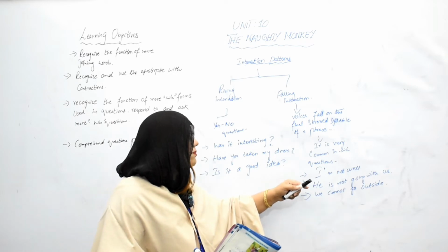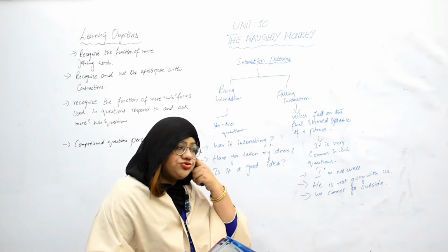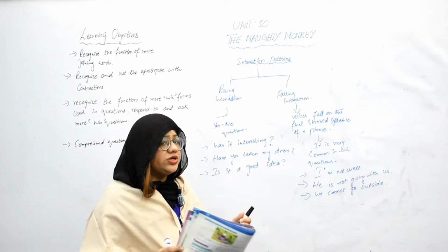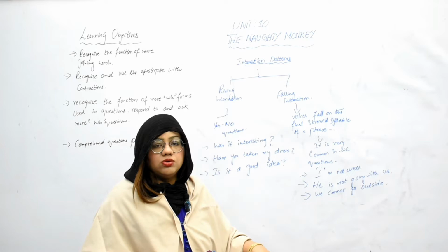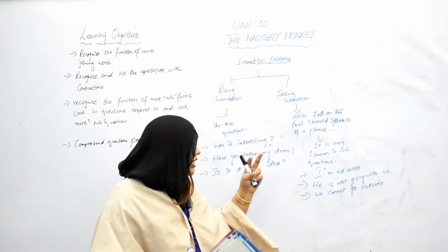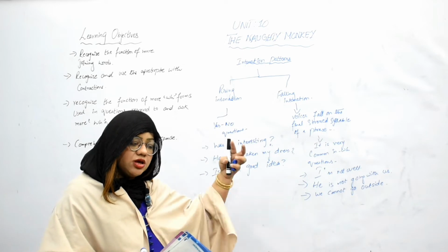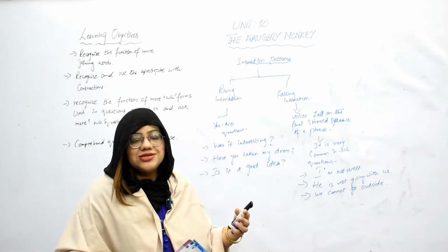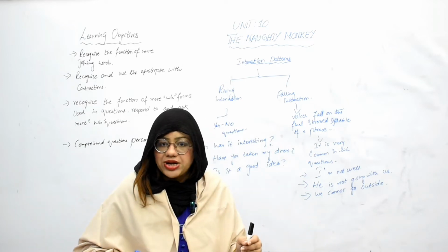These are the examples. I am not well: that is the last final syllable stressed. Number two, he is not going with us: the last syllable stressed. We cannot go outside. So these are the falling intonations in which the voice falls down with the last final syllable. So these are the two comparisons of the intonation patterns.